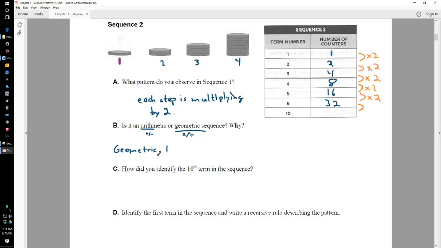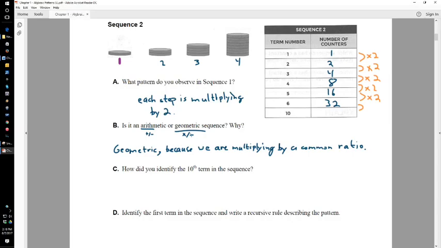And it's geometric because we are multiplying by a common ratio.